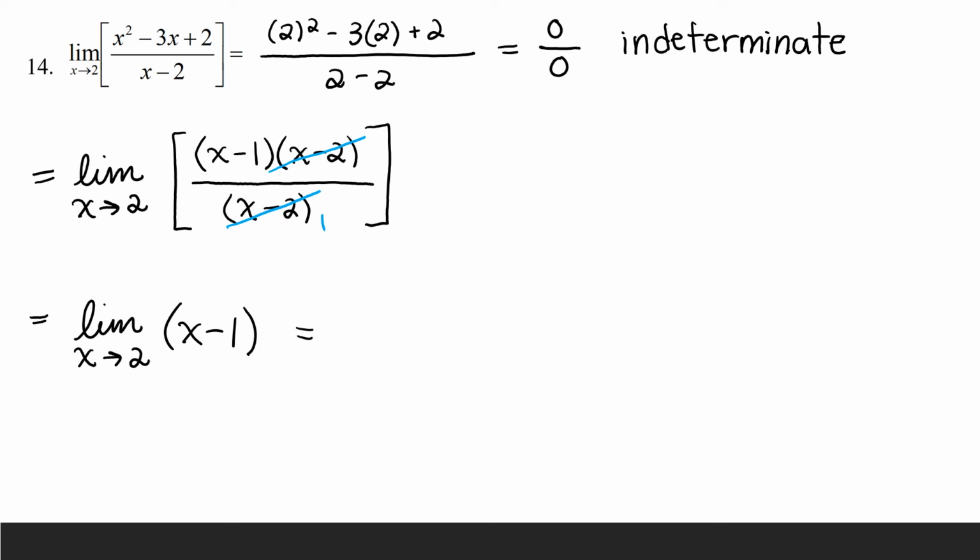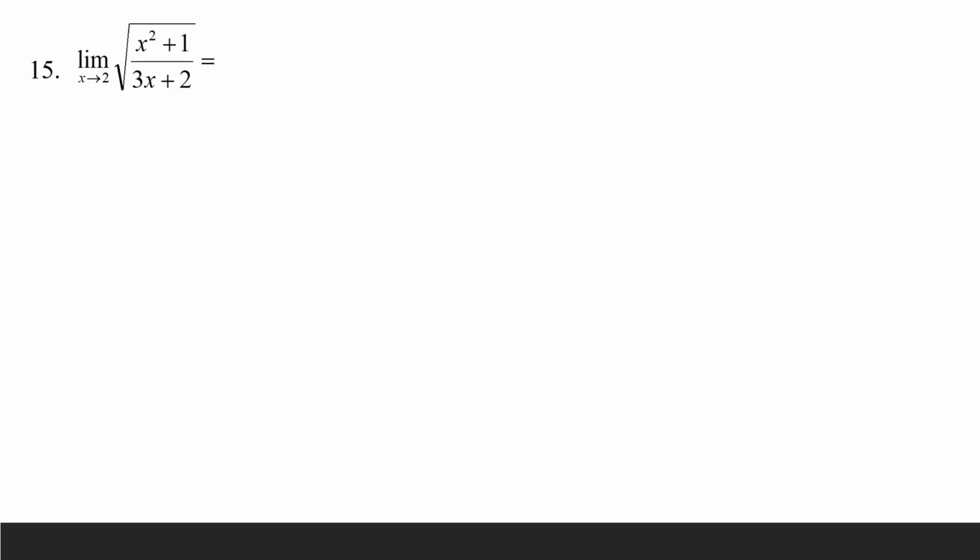Now I can use direct substitution, so I have 2 minus 1, which is equal to 1. So if you remember how to factor quickly, sometimes you'll have a limit that is quite quick to evaluate, even if it's indeterminate. So if you haven't already reviewed how to factor polynomials, especially quadratics, make sure you go back and review that.